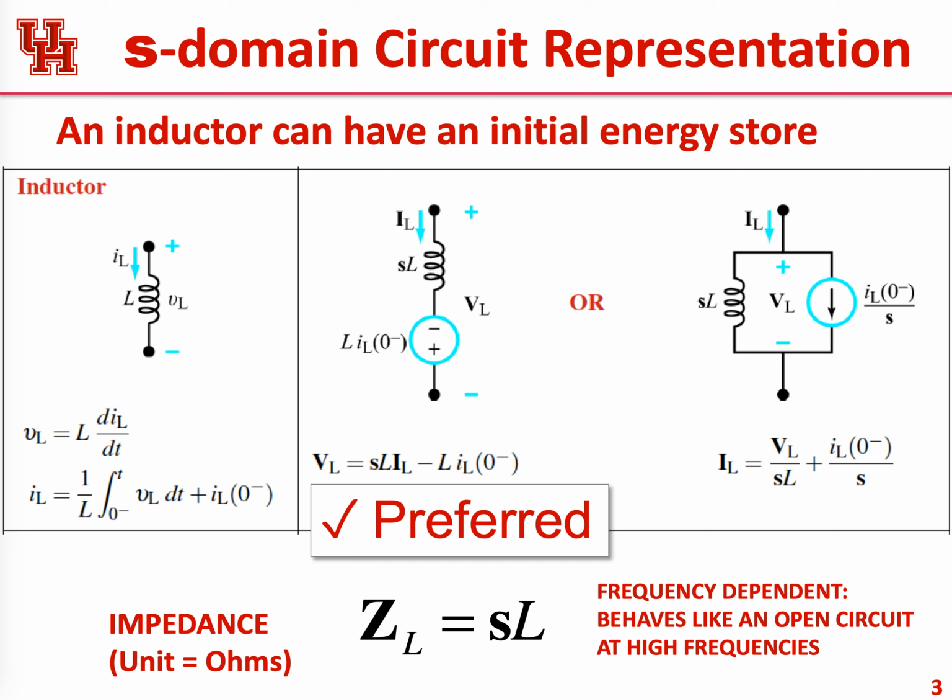If you were to convert this to the Laplace domain, we get V_L(s) is L times the Laplace transform of a derivative. So we take s times the Laplace transform of the current, minus the initial value of that current at 0 minus.